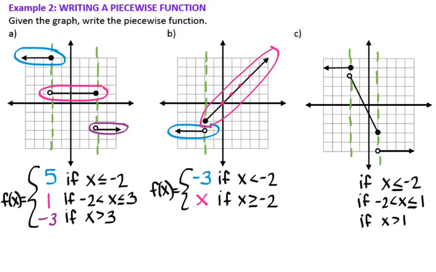Okay. So for the first one, it is a constant function, so I am up at 1, 2, 3, 4. So that equals 4. For my middle piece, it is a diagonal line, so my y-intercept is at -1, and then from there I'm going down 2 over 1 to get my next point.